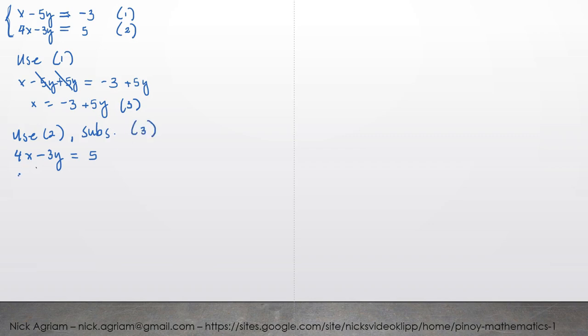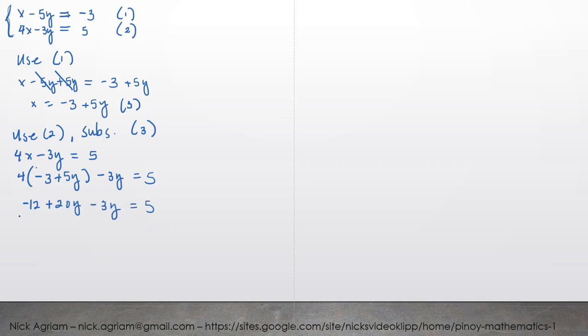So we have 4 times the value of x, which is negative 3 plus 5y, minus 3y is equal to 5. Then we multiply 4 to all the terms inside the parentheses. Then we have negative 12 plus 20y minus 3y is equal to 5.